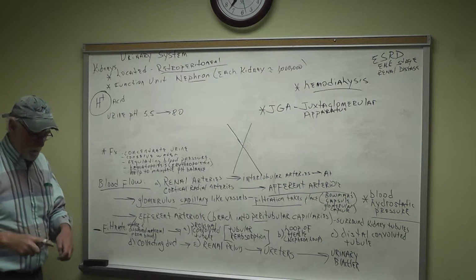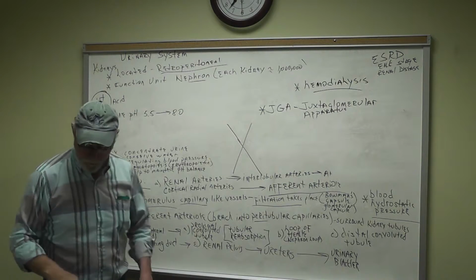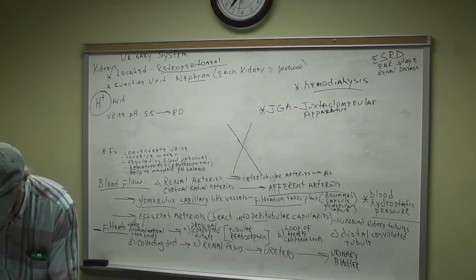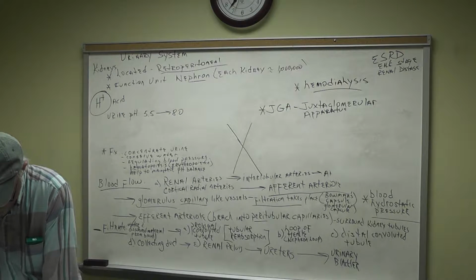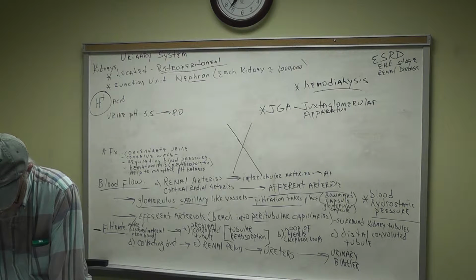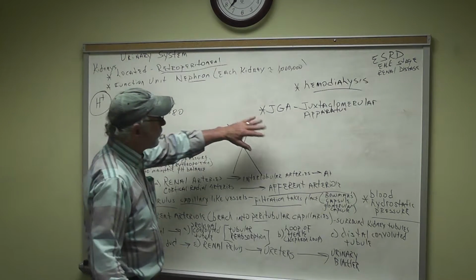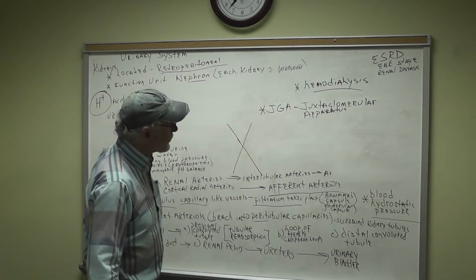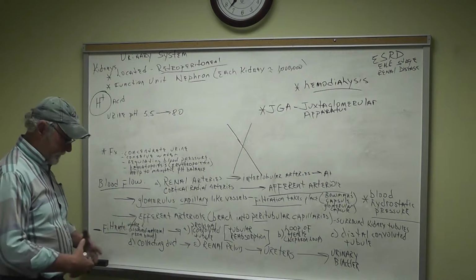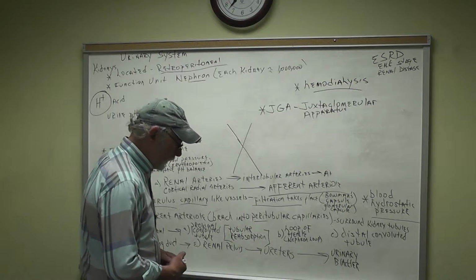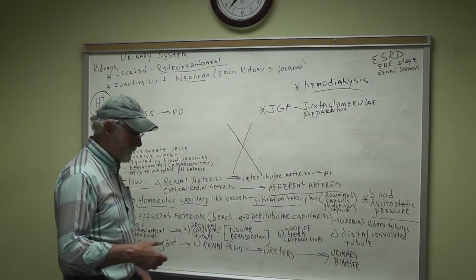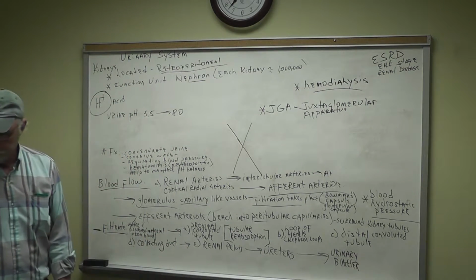It's an area near the glomerulus. If you look at the walls of the arterioles near their attachment to the glomerulus, there are large, smooth muscle cells called the juxtaglomerular cells. The important thing to remember about this JGA is these cells are sensitive to changes in blood volume.